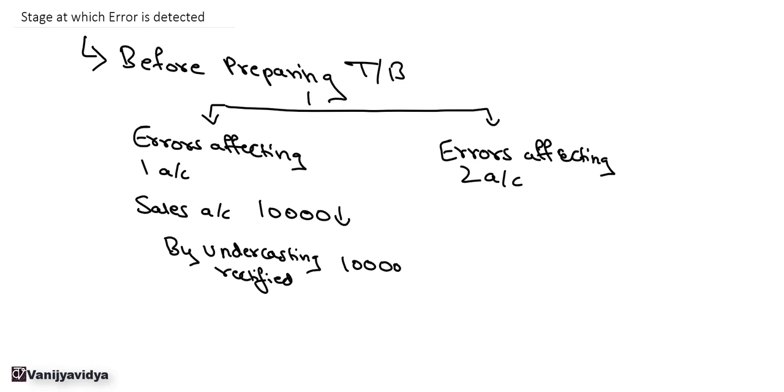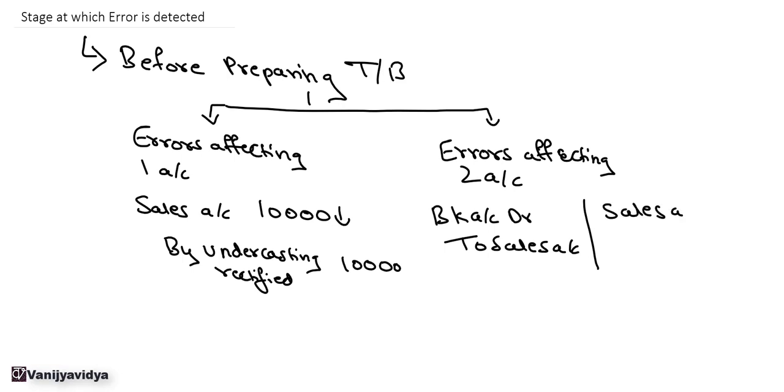So how is the rectification entry passed? First, we'll write down what is a wrong entry. Bank account debit to sales account. This was the entry which was passed. But instead of this it needs to be reversed now. So reversal of your wrong entry, that is sales account debit to bank account.